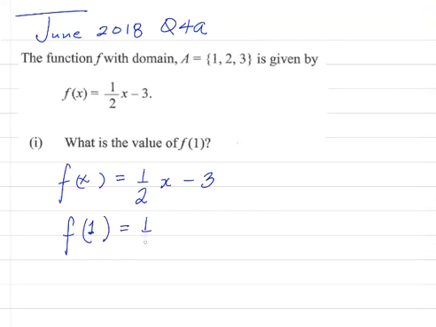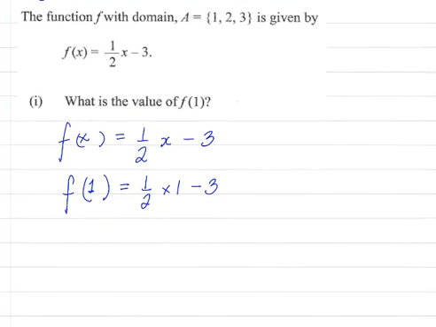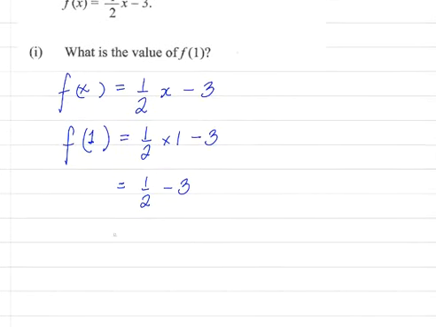So this is 1/2 times 1 minus 3. 1/2 times 1 is 1/2, minus 3, and a half minus 3 is minus 2 and a half.